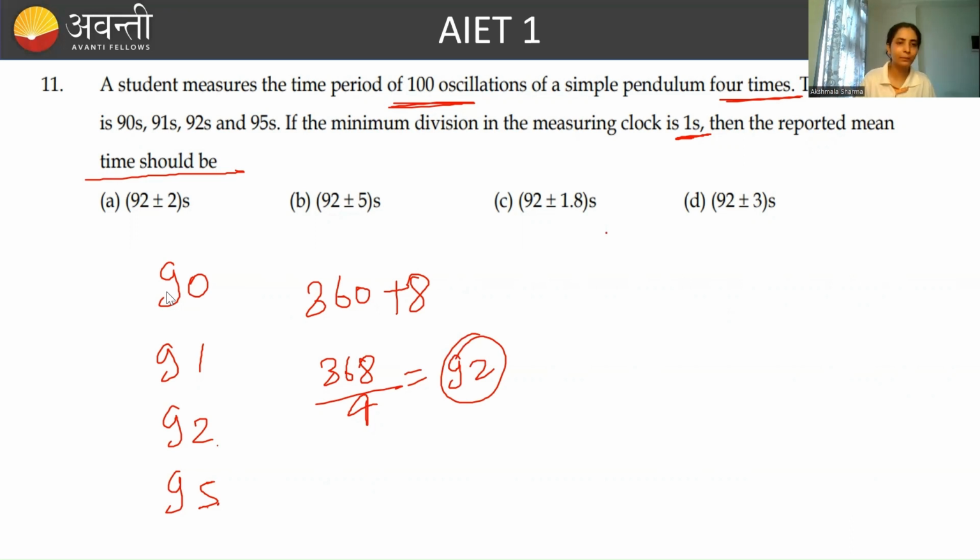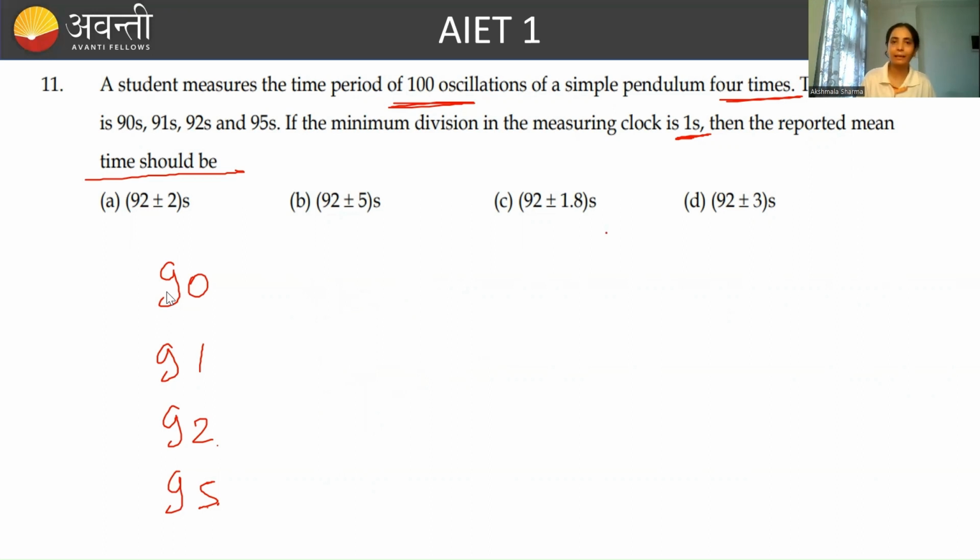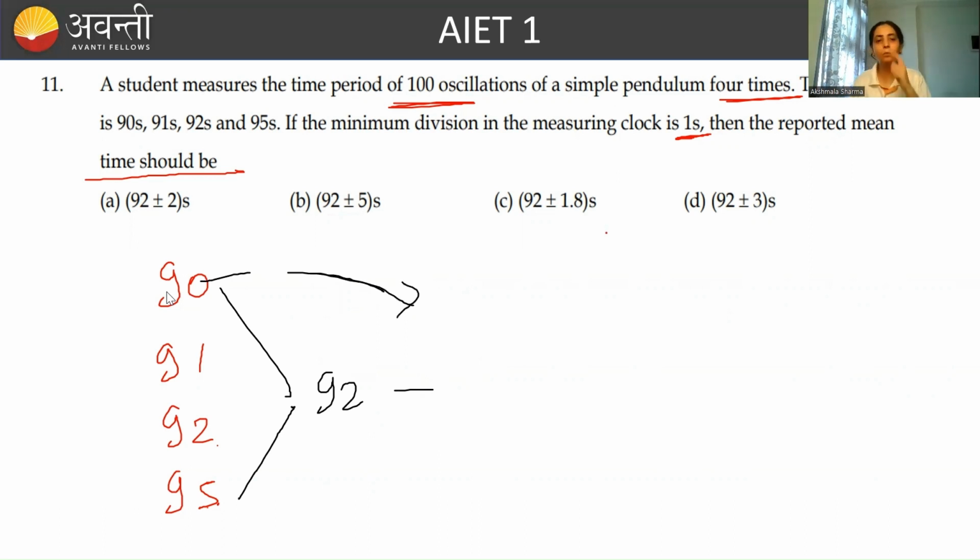Once you have got the mean value, what is your next task? So next task is to calculate the mean error. Okay? So mean value is 92. Now, error in the first measurement is how much? How do we find it? So we will simply subtract. From mean value we will subtract the original value.